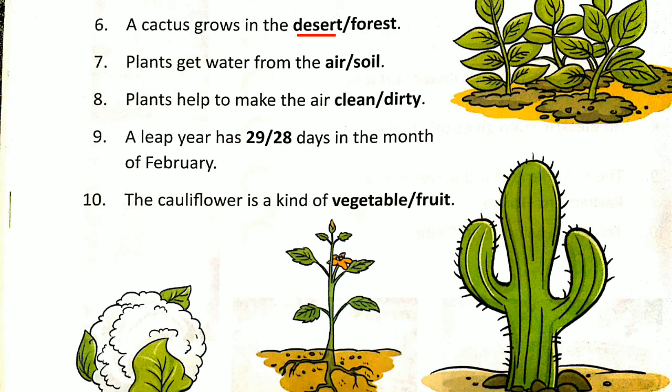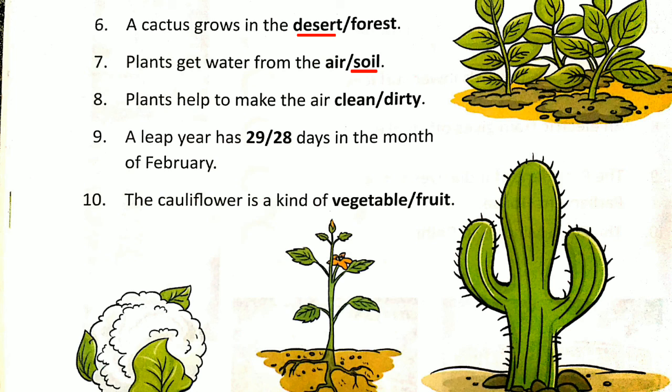Cactus grows in a desert. We find cactus grown in a desert because cactus doesn't need much water. Okay, now number 7, plants get water from air or soil. Where do plants get water? It's soil. Plants get water from the soil.